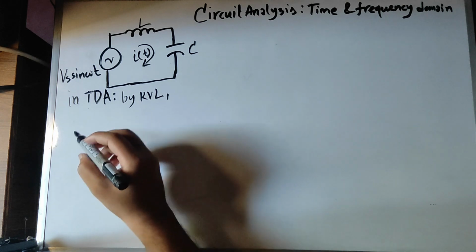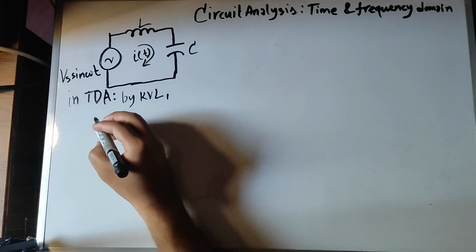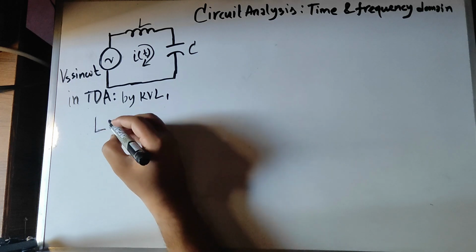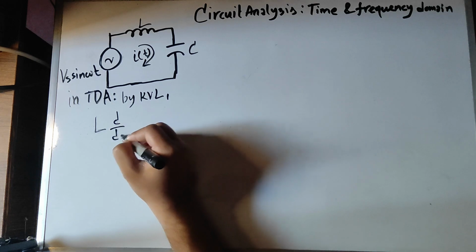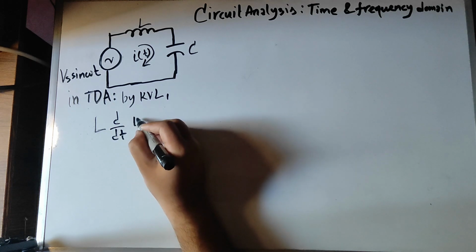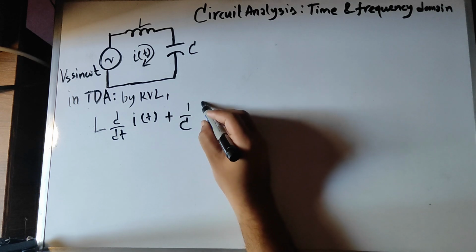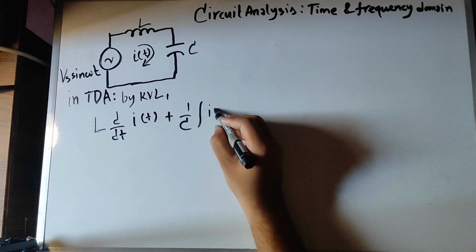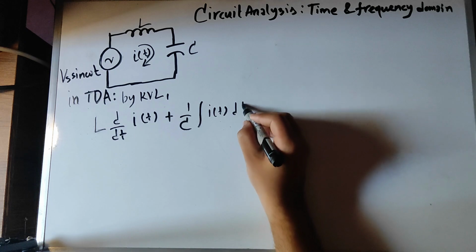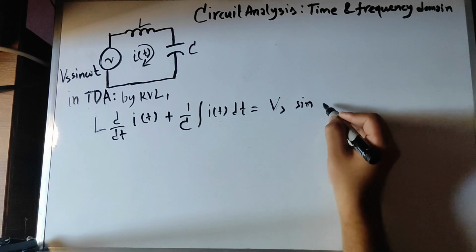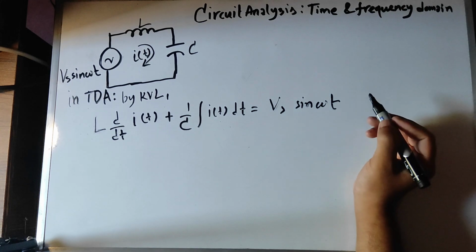So if we apply KVL, we will find that L di/dt plus 1 by C integral of i dt equals Vs sine omega t.